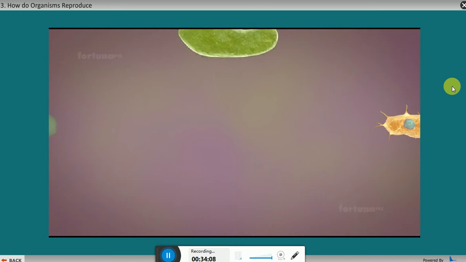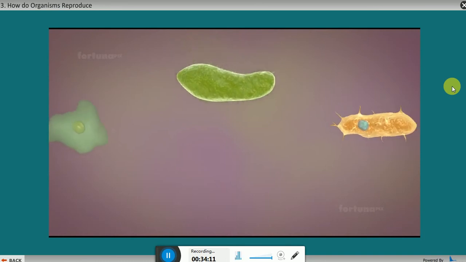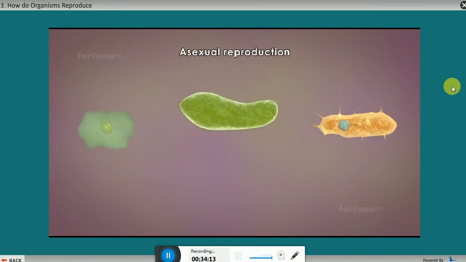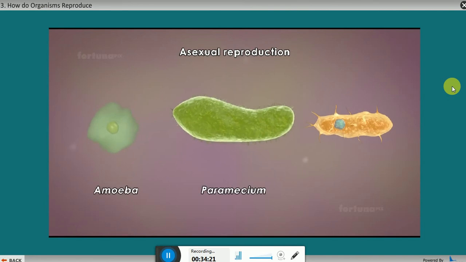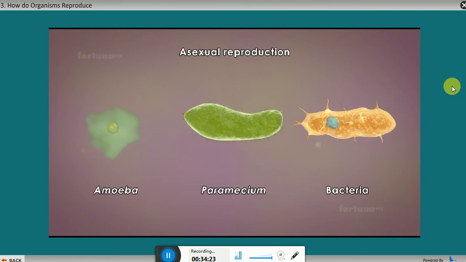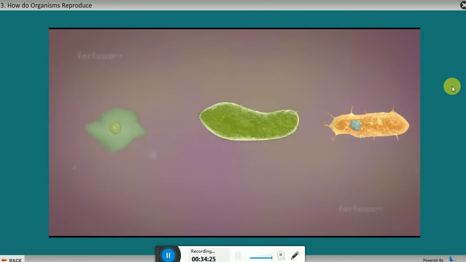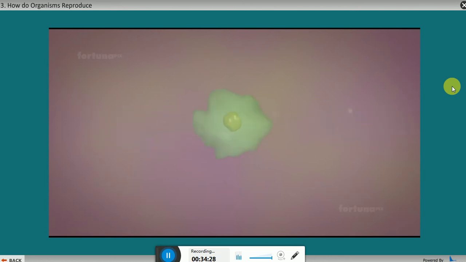In this session, we will concentrate only on forms of asexual reproduction. Asexual reproduction is common among single-celled organisms such as amoeba, paramecium, and bacteria. Amoeba reproduces asexually through binary fission.